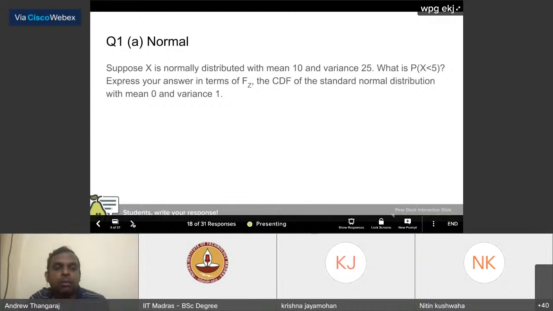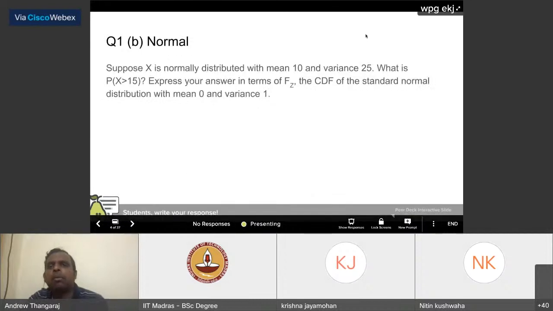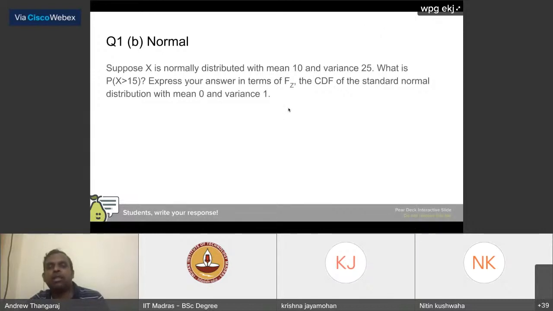Let's move to the next one. It's a very similar type problem, but there is a bit of a twist. I've asked the same mean, same variance. Now it's the probability that x is greater than 15.